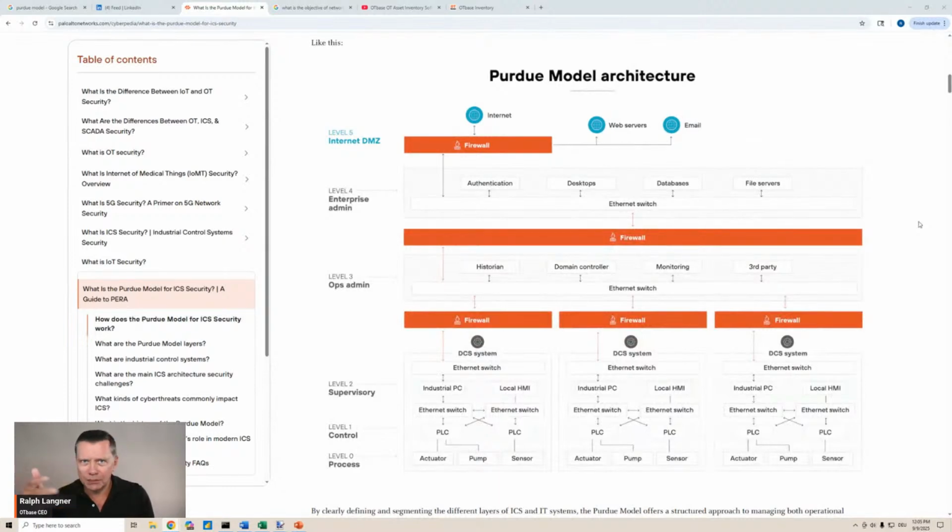So what is the original intent of the Purdue model? It basically gives you an easy way to learn about the various device types in OT, in factory automation, if you will. That is what it's all about.